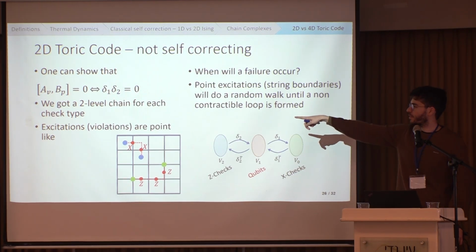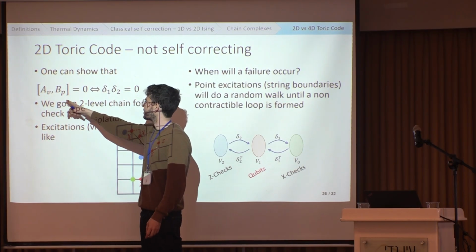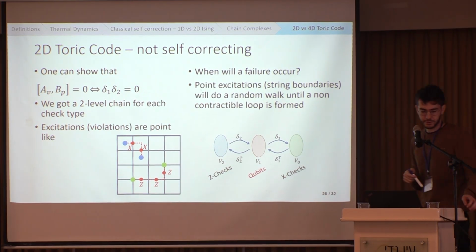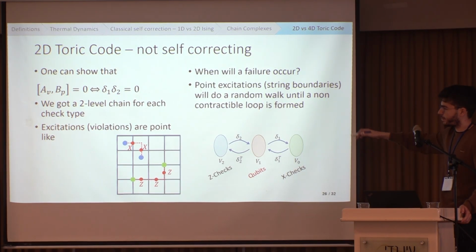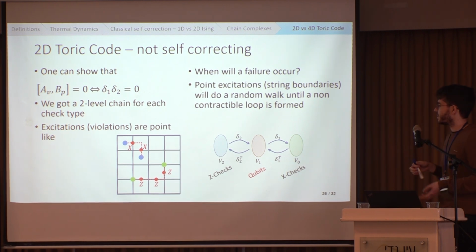It can be shown that this gives us the commutation of the 2 check types. And we got for each check type a 2-level chain, and because of this, the excitations of each type are strings, and we pay only for the boundaries of the strings, which are point-like.